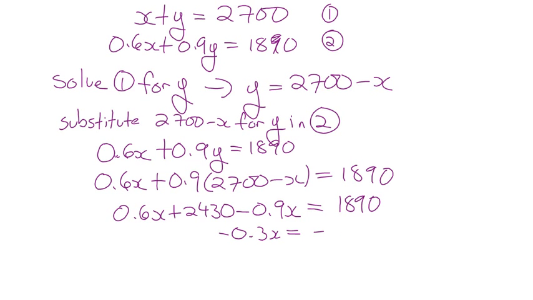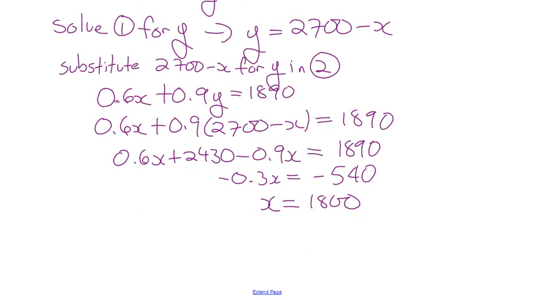Negative 540? So what's x equal to? 1800. So what's y equal to? Okay, at this point, really, you can just write out what y is. It's kind of obvious. They add up to 2700. It's not like you really need to show a lot of work to get to the y value.